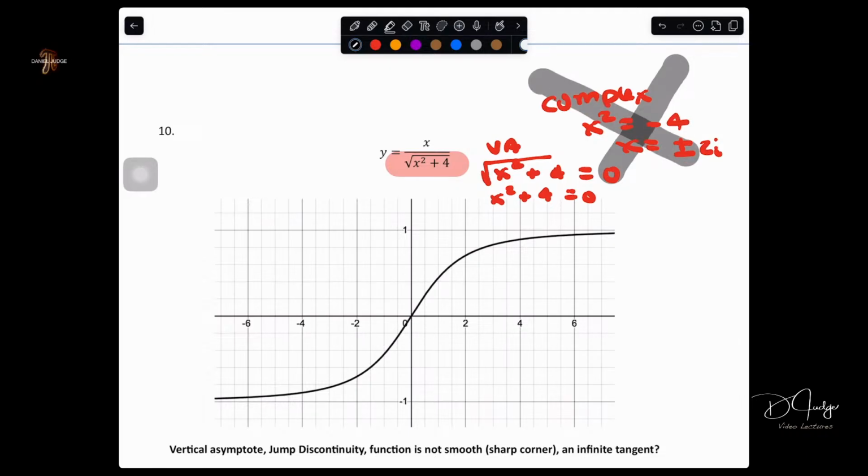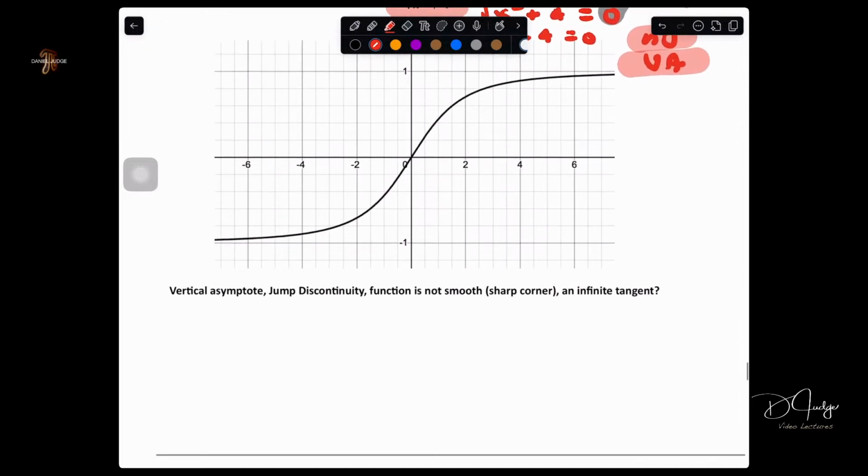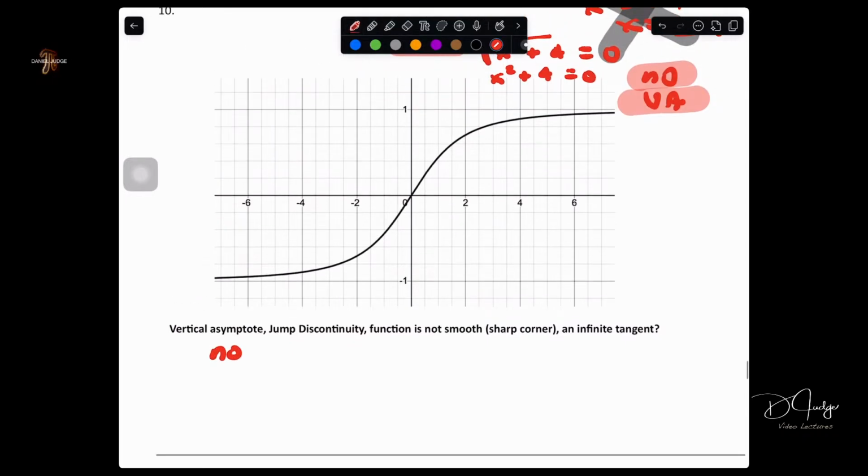So you have no vertical asymptotes because the denominator could never be 0, and we don't see any in the curve. There's no jump discontinuities. It is smooth everywhere. There's no sharp corners, and no portion of the curve that's strictly vertical. So it's a no, no, no.